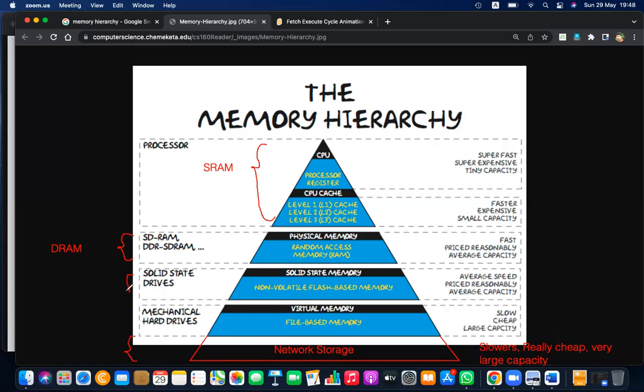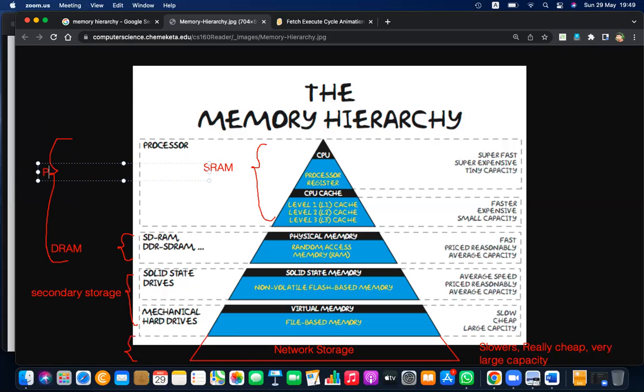These are called secondary storage. And whatever you can see, this SRAM and DRAM together, we call them primary. That's why I said you need to update.